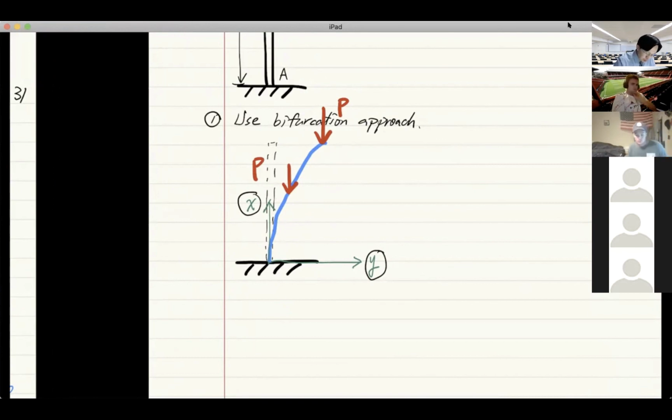One is at point A, which is right here, and the other should start from here. To distinguish the x and y's, we call one x1, y1, and the other x2, y2, like this.